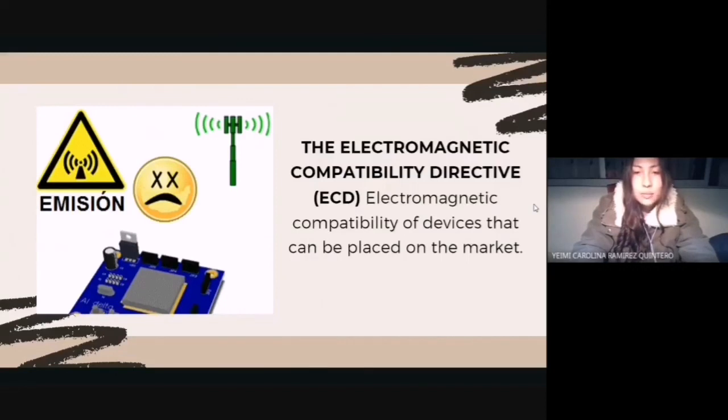The directive involves the particular combination of various types of apparatus and possibly other devices, which are assembled, installed, and intended for permanent use in a predefined site. Next, please.